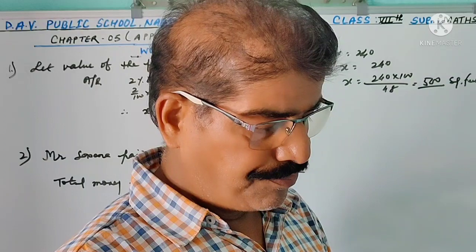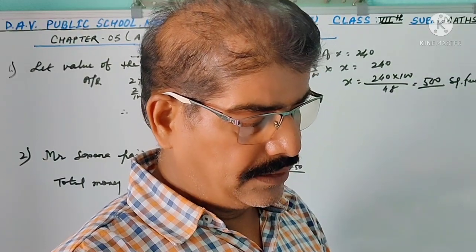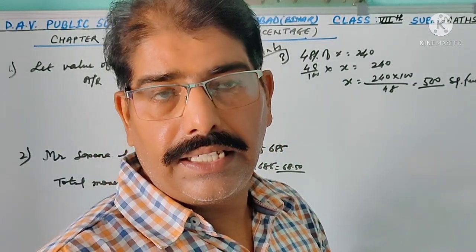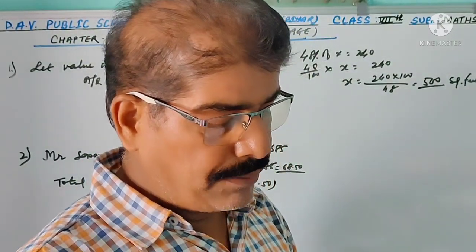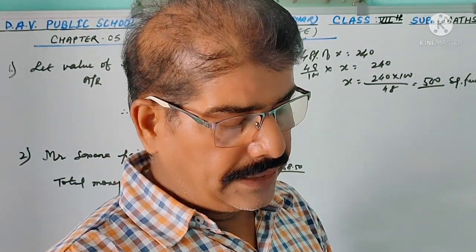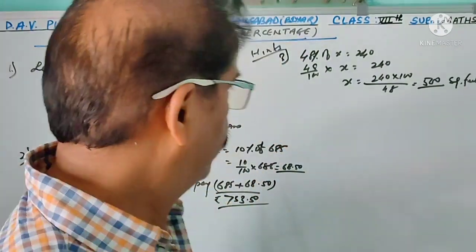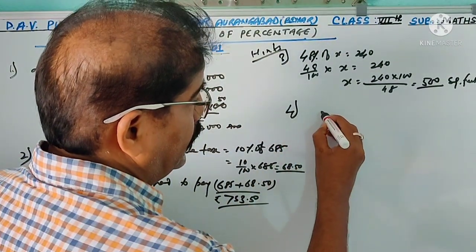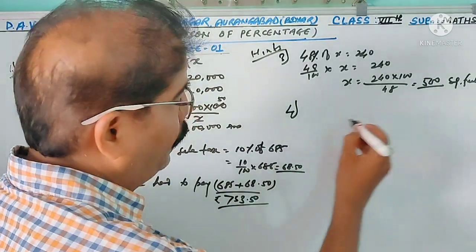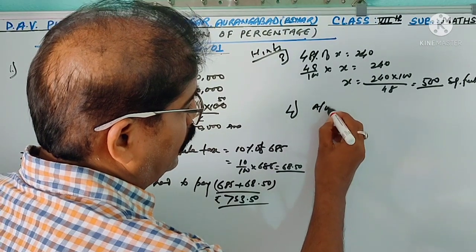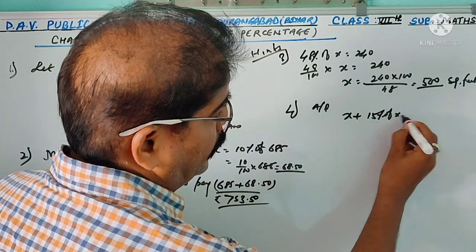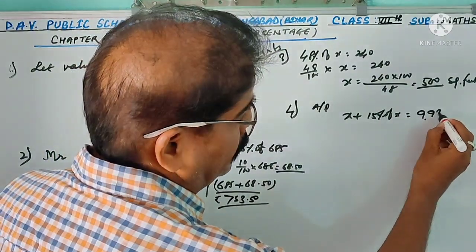Same question. Let the initial salary be X. Salary increased by 15%, so new salary is x plus 15x by 100 equals 9,936. According to the question, x plus 15% of x equals 9,936.